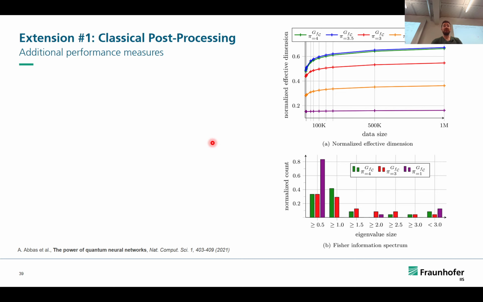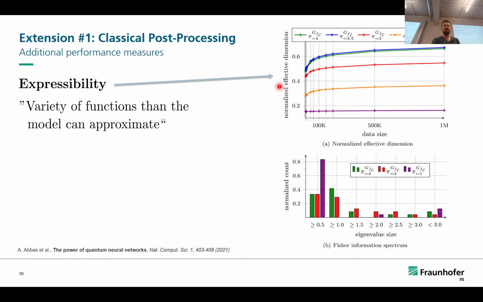We also had a look at some other measures which should classify the expressivity and trainability of our model. Basically, some evaluations of the Fisher information matrix corresponding to the system. The first one is the so-called effective dimension, which should classify how big the range of functions is that we can represent with a given model.